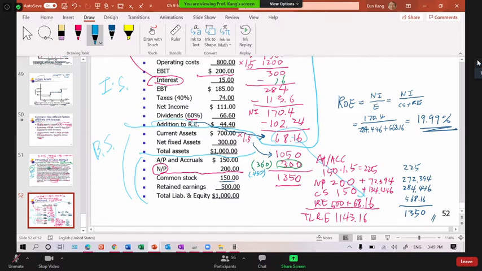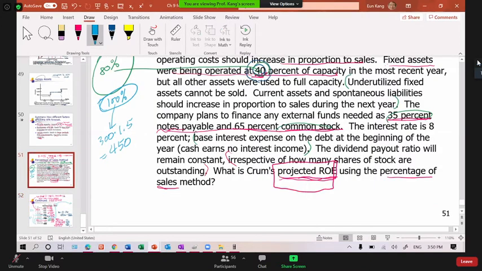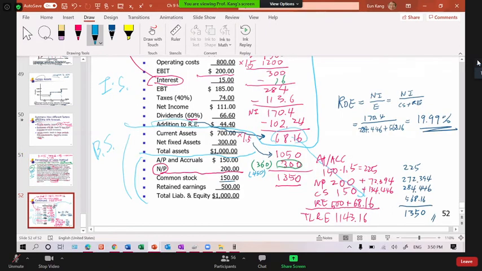So if this is on the quiz or exam, the only change is the machinery being operated at 40% or 80% or 100%, right? According to that, net fixed asset changes and all the other numbers should change accordingly.